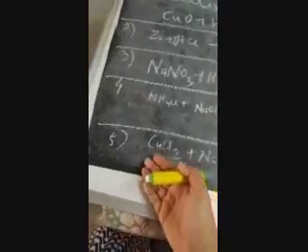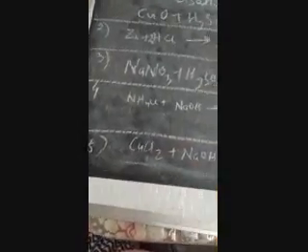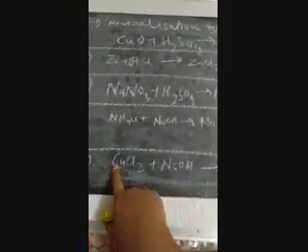So obviously this decomposition reaction will be taking place because these two are in the solution. And why will the reaction proceed this way? Because from here I am getting copper hydroxide, which is insoluble. Already we have seen it at the beginning of the chapter, the insoluble bases. So as it is insoluble, the reaction will proceed this way.